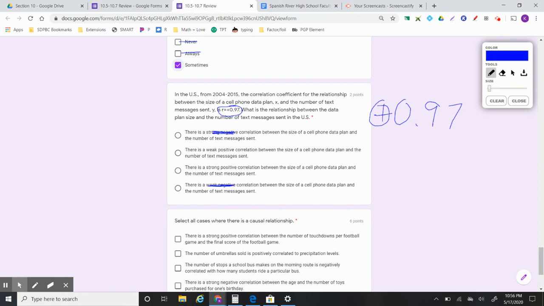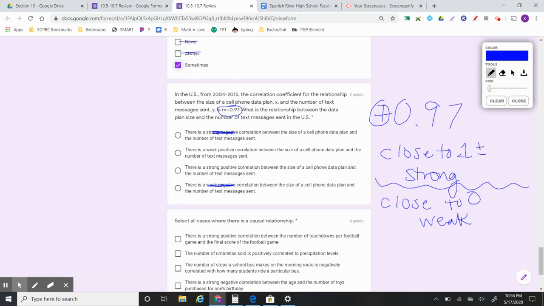Now you need to know that if it's close to 1, or if it was close to -1, positive or negative, it's going to be strong. If it's close to 0, it's weak. So 0.97 is really close to 1, so it's going to be a strong positive. The third one would be correct.